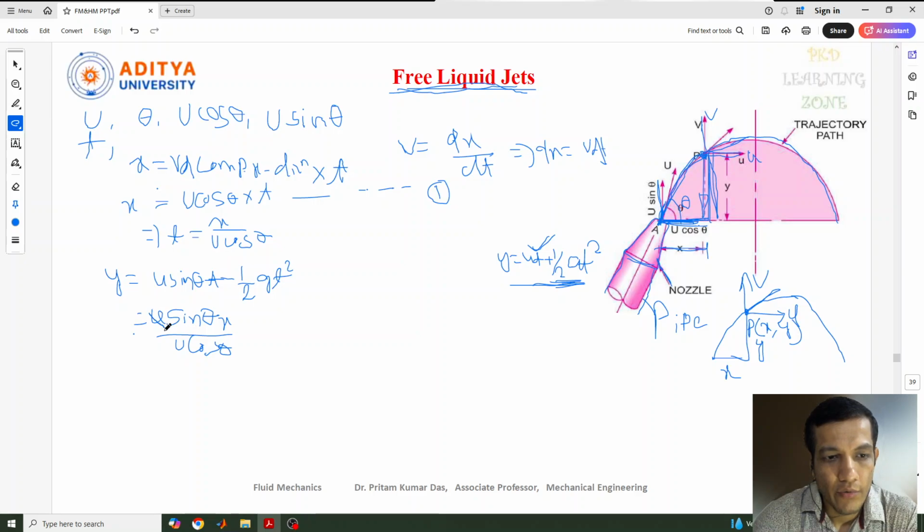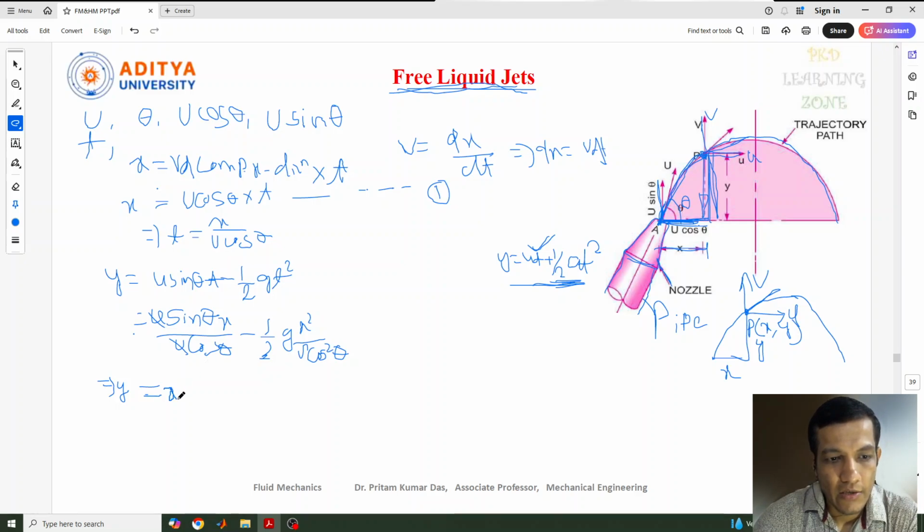Correct. Now u cancels. Again half g t square is there, that is g into x square divided by u square cos square theta. Now finally, in this equation, y equals sin theta by cos theta, that is tan theta.